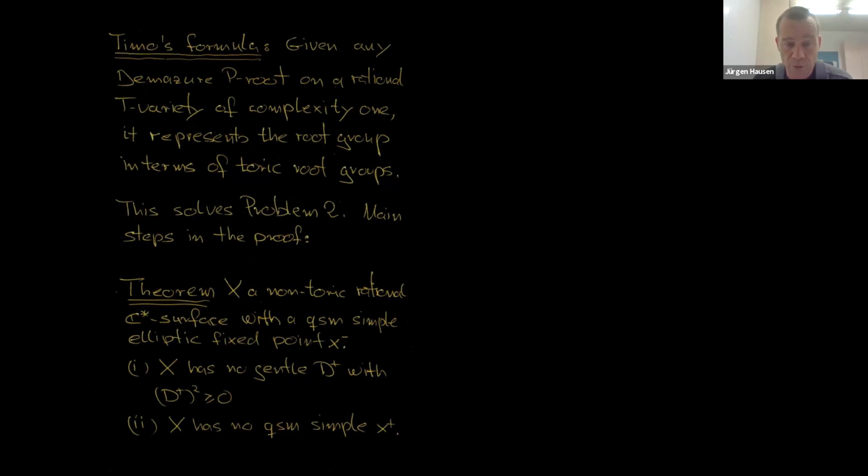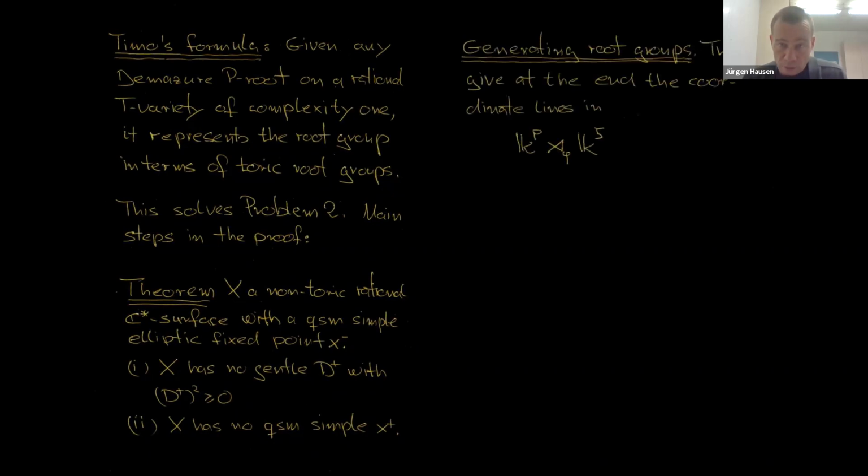So for the non-gentle ones, all the arms intersect our D^+ in singularities. And the other thing is that our X cannot have a second quasi-smooth simple elliptic fixed point, which then must be x^+, but this does not exist. So this establishes a case distinction in the beginning.